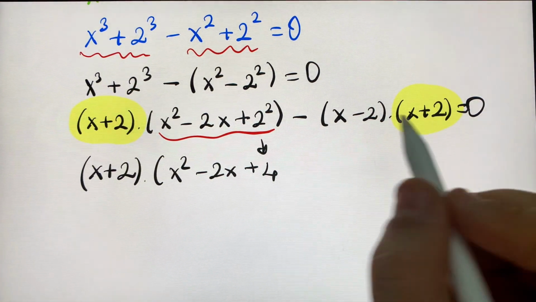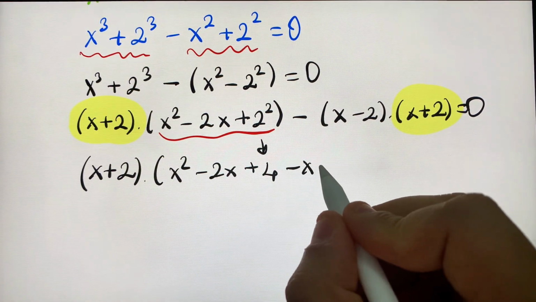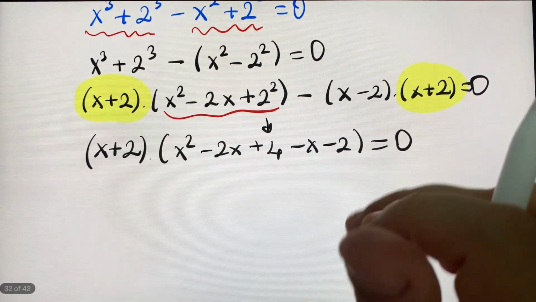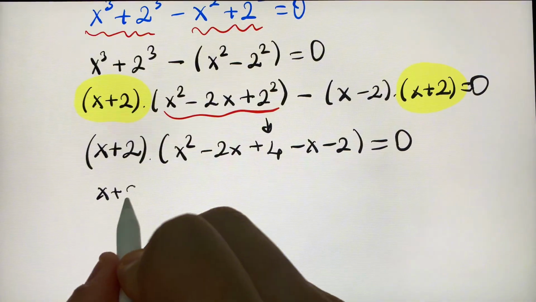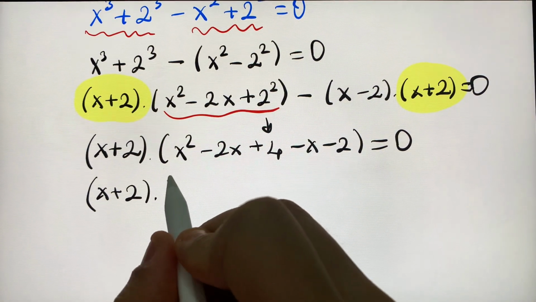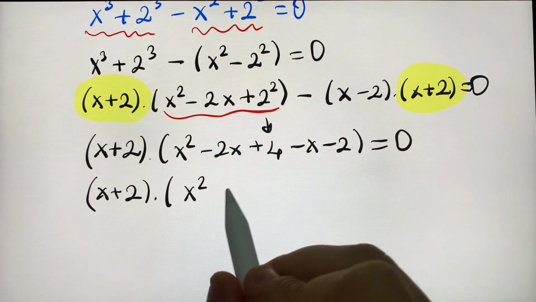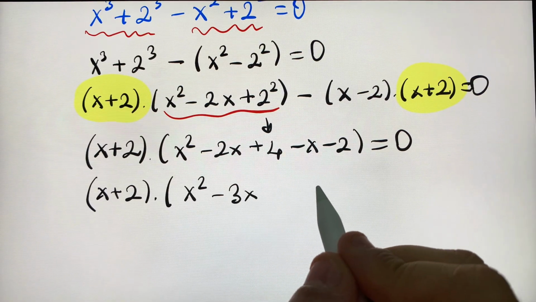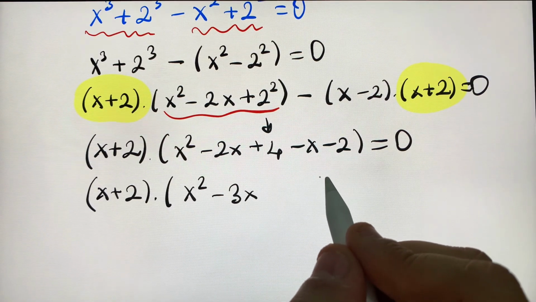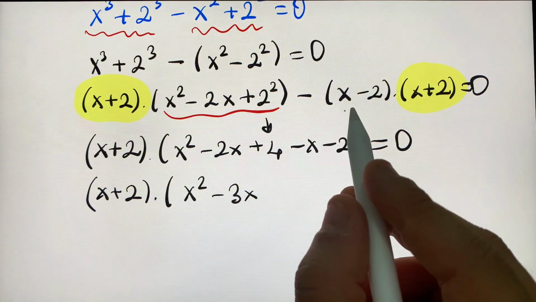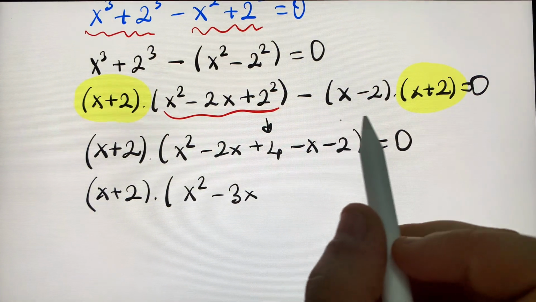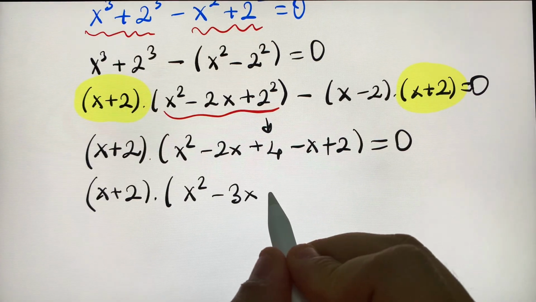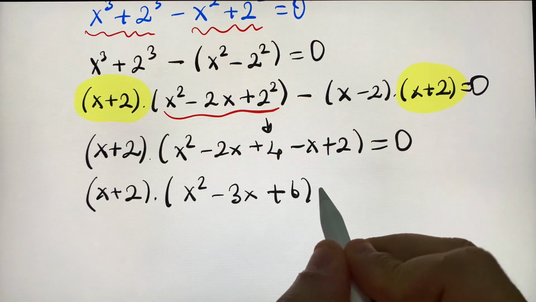Minus x multiplied by 1, minus 2, closed parenthesis is equal to 0. Let's arrange a little more. x plus 2 in brackets times open brackets x squared minus 3 times x plus 6 is equal to 0, yes?